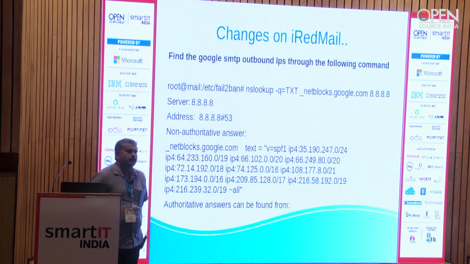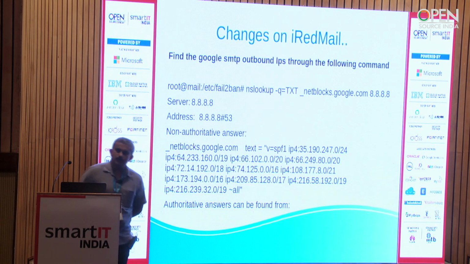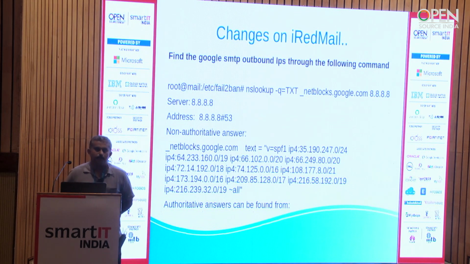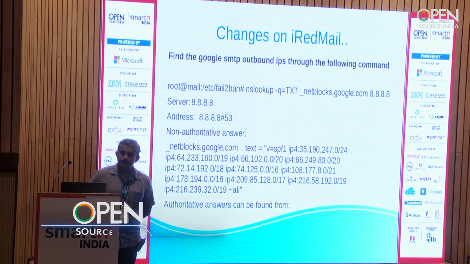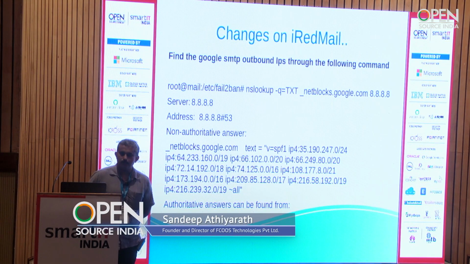Another complexity is when G Suite is forwarding the mails to iRedMail or the Linux server. There is a good probability that it may reject the mail or mark it as spam.